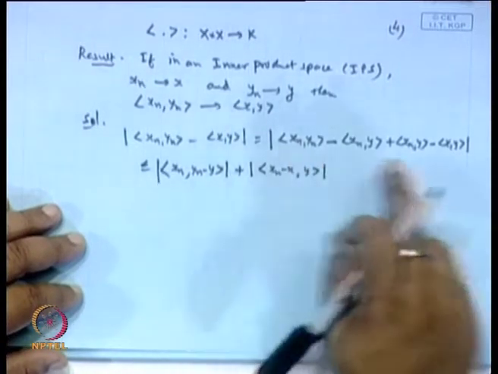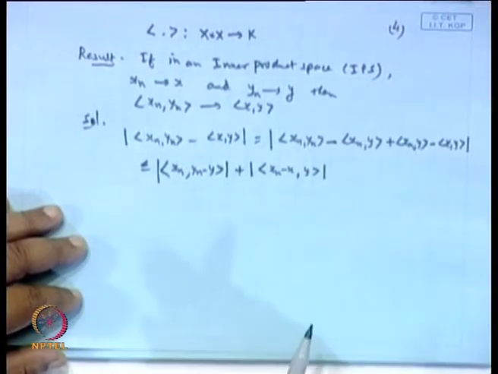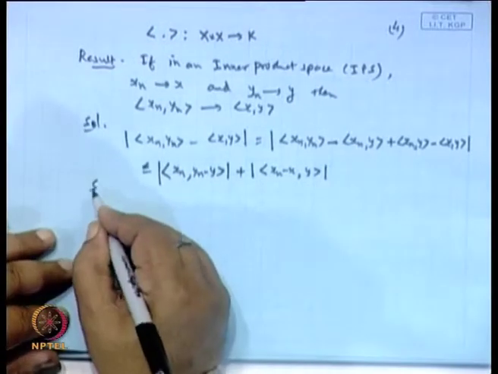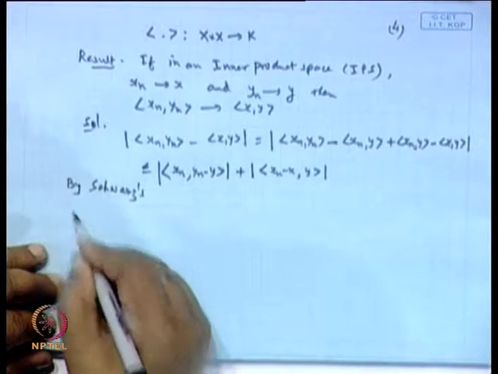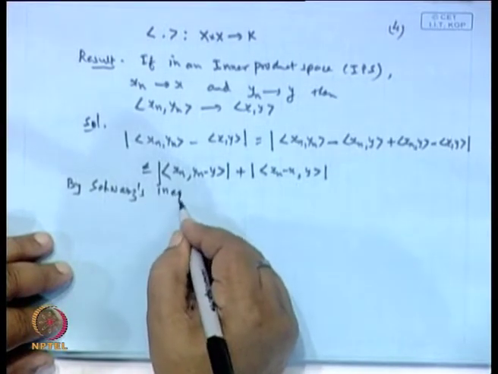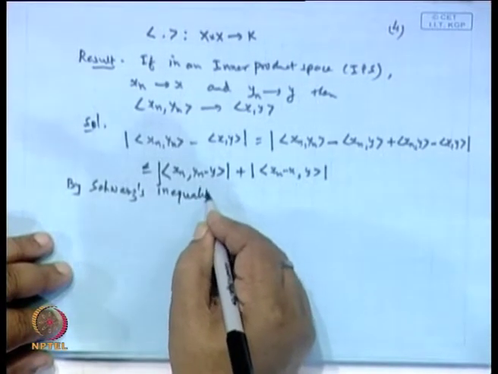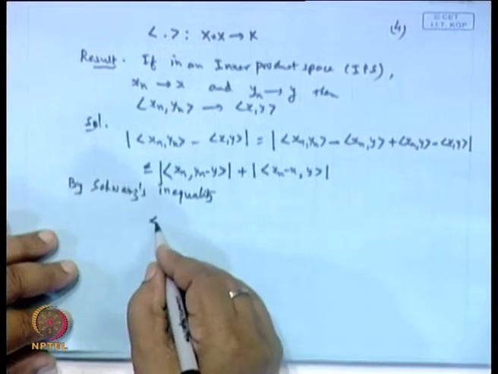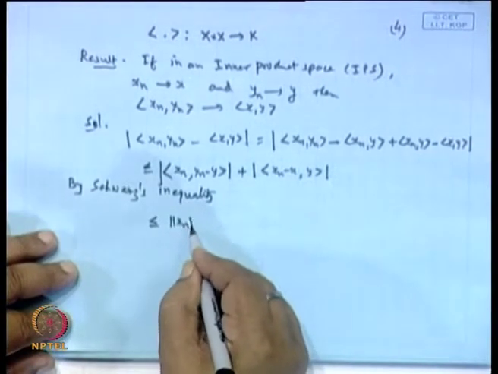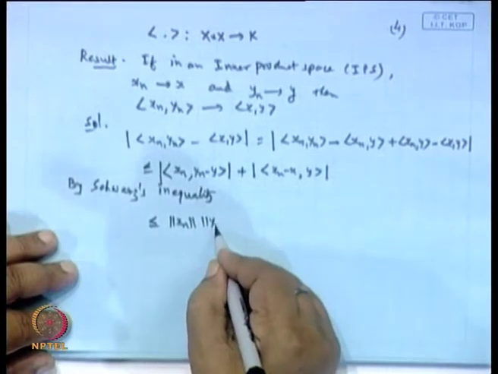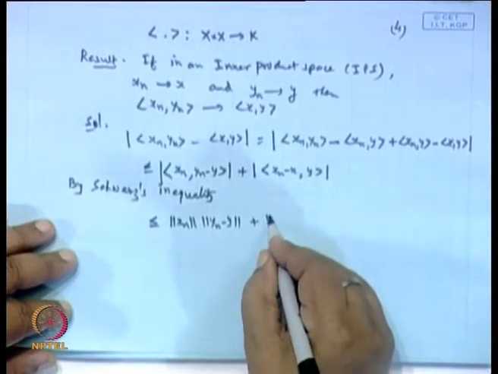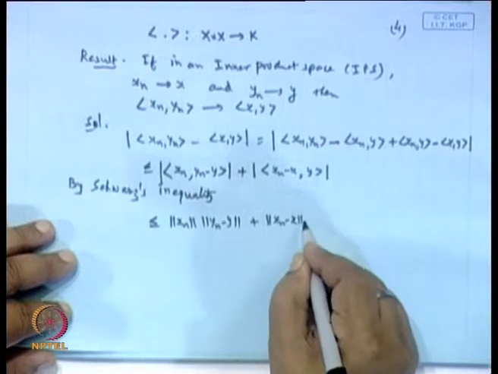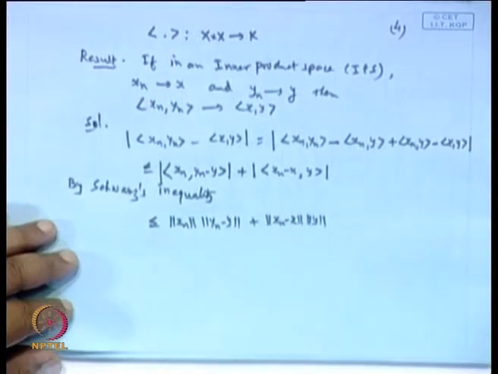Combine these two and we get. Now, apply the Schwarz inequality. By Schwarz inequality, we get this is less than or equal to norm of x n into norm of y n minus y plus norm of x n minus x into norm of y.